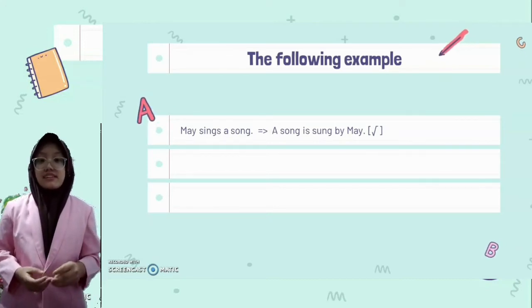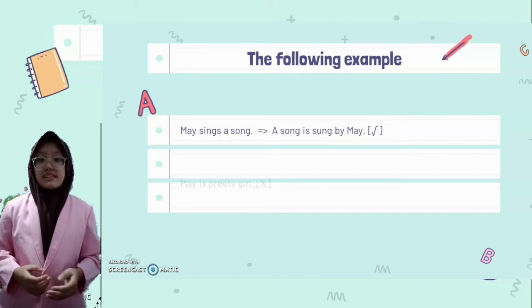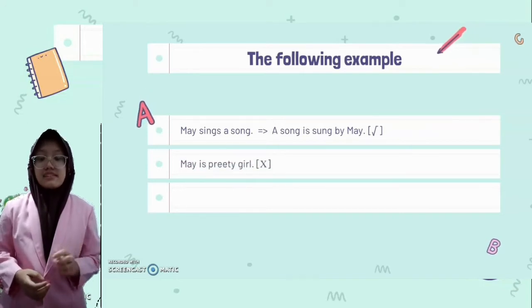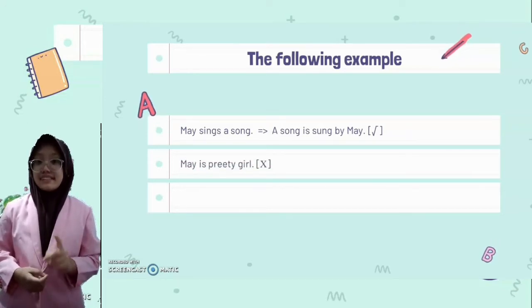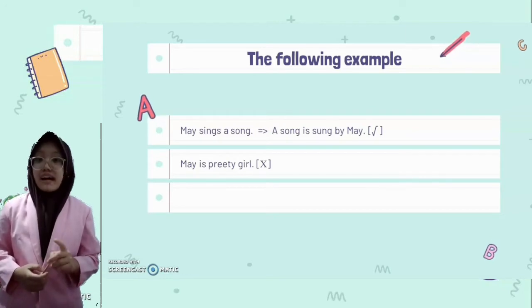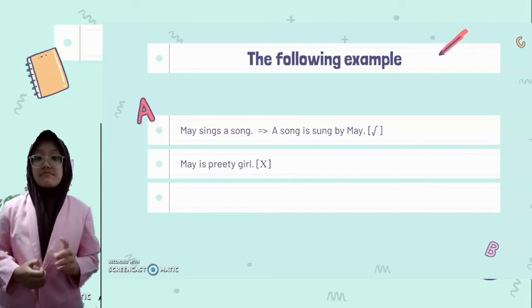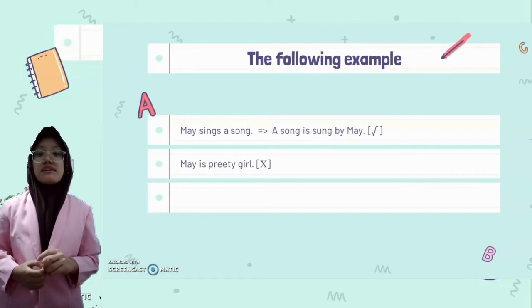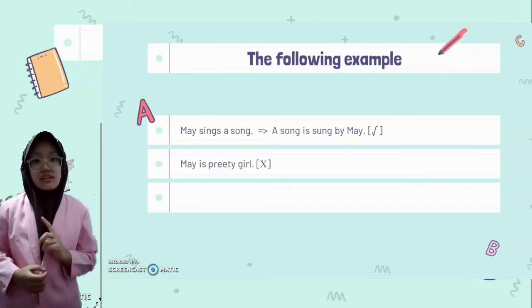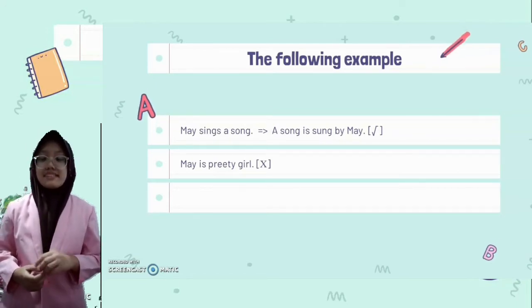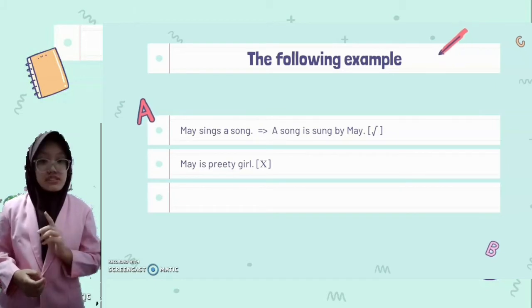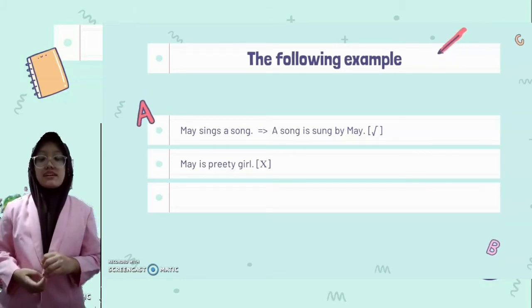Okay, another example is May is a pretty girl. This is an active sentence, but this sentence cannot be converted into a passive voice. Why? Because this sentence doesn't use a verb, but uses an adjective.